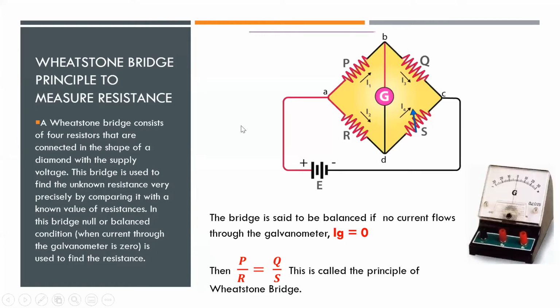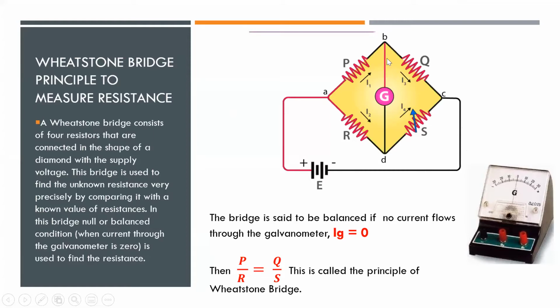A Wheatstone's bridge consists of 4 resistors that are connected in the shape of a diamond with a supply voltage. Here you can see 4 resistors. These resistances P, Q, R and S are 4 resistors which are connected, and there is a supply voltage connected across 2 of them.